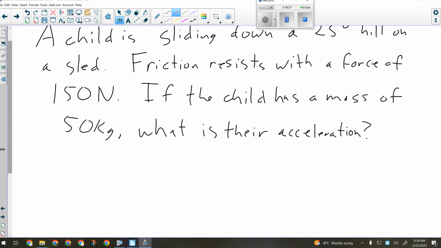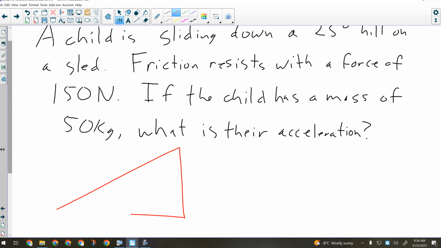All right, so on an inclined plane, we draw our little triangle here. So we got our 50-kilogram child. We know that this is going to be FG, this is going to be F normal, and then that's going to produce F parallel.